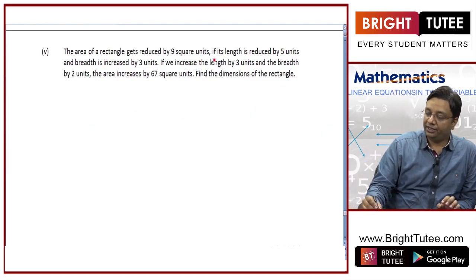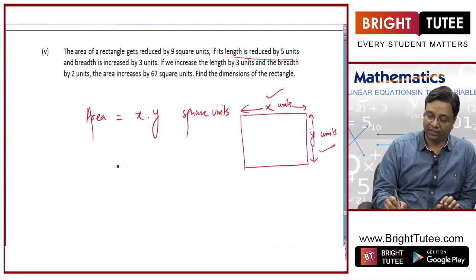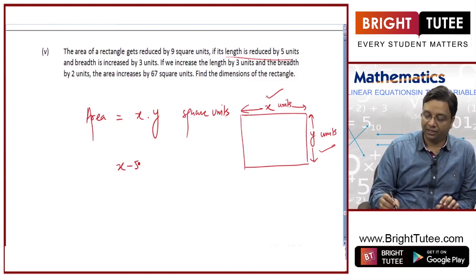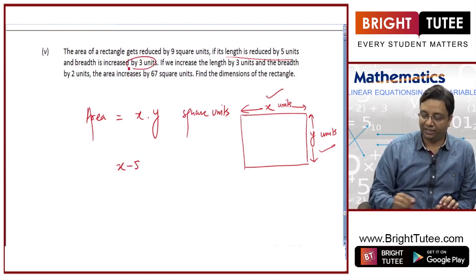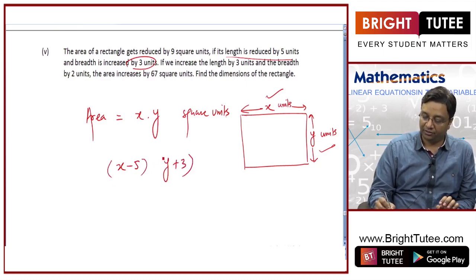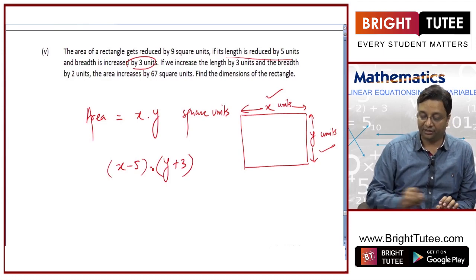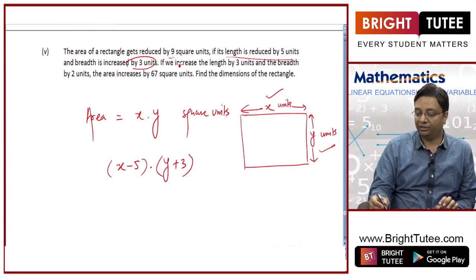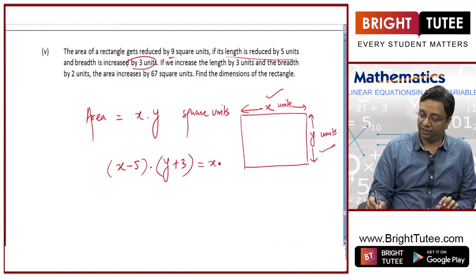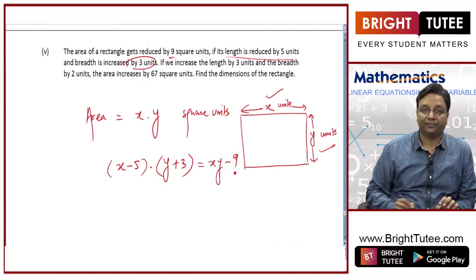Now if the length is reduced by 5 units, the length is x minus 5 now, and breadth is increased by 3 units, so breadth is y plus 3 now. What is the new area? This is the new area, and the area of the rectangle is reduced by 9 square units, so it will become xy minus 9.